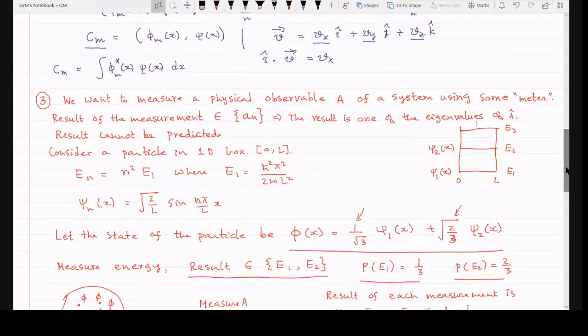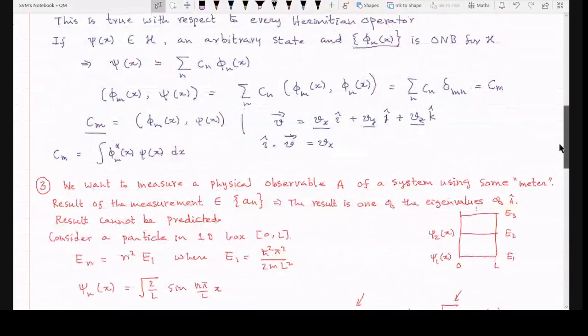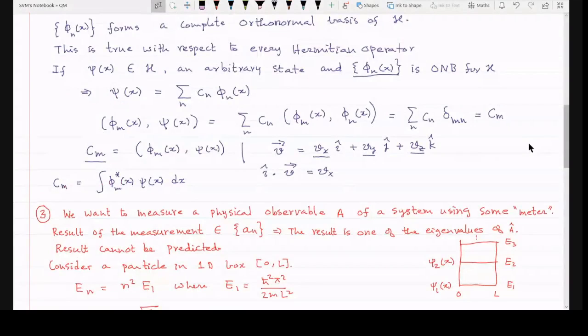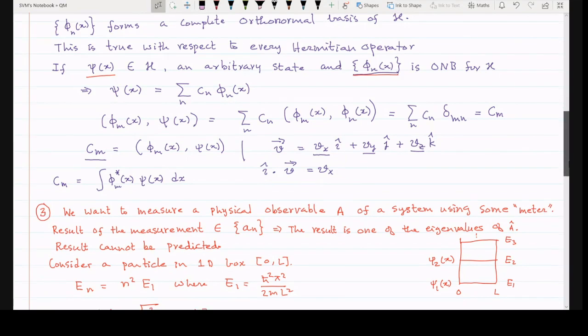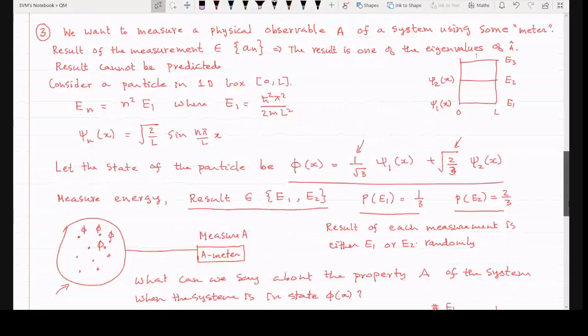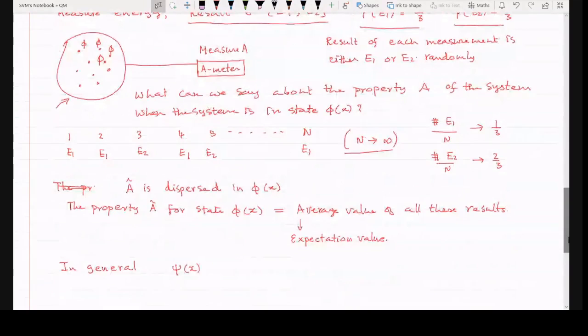The particle in a box discussion is done. In the general scenario, I am going to call the state psi of x, and the basis phi n of x. Somehow I should have used the same notation, but here I have interchanged, so please don't get confused. Now I'm going to continue the discussion with the general case.